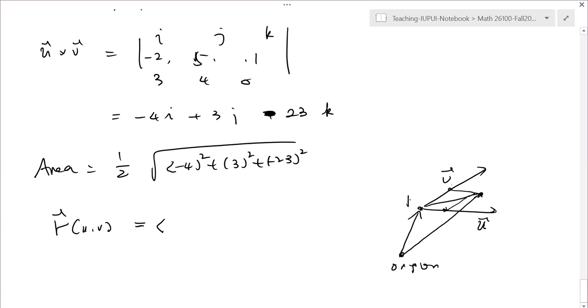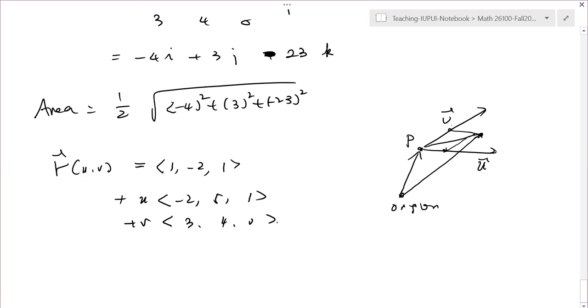So that would be the vector from this. What is it? This is P, right? The vector P is 1, -2, and 1, plus the vector U, which we got here is -2, 5, 1, and the vector V, 3, 4, and 0.